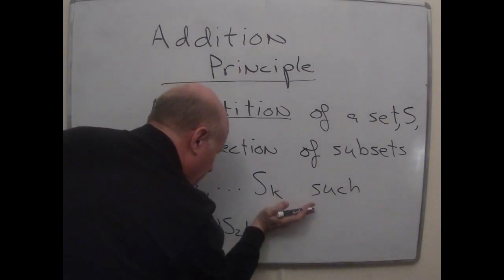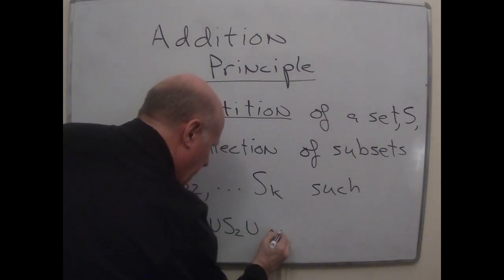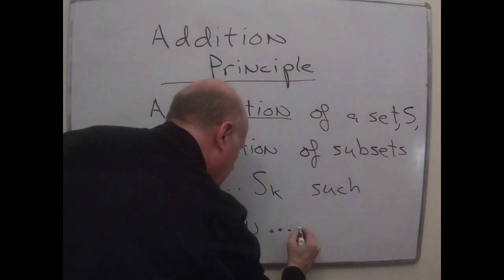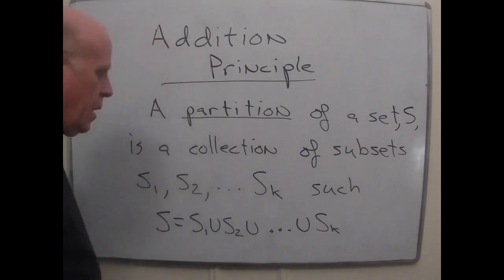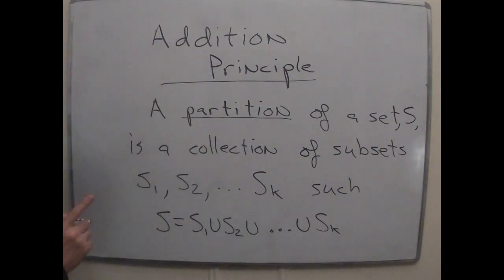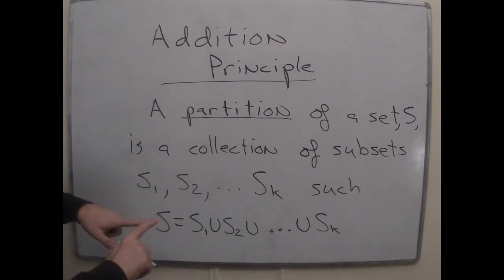Well, let's just throw some dots at this. You get the pattern, right? You're going to union up all those things, and the last one being Sk. But there's one more proviso. If you look at any pair of these sets, Si and Sj, their intersection is empty.